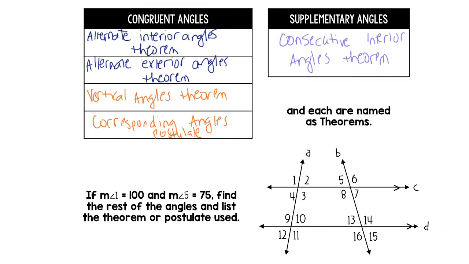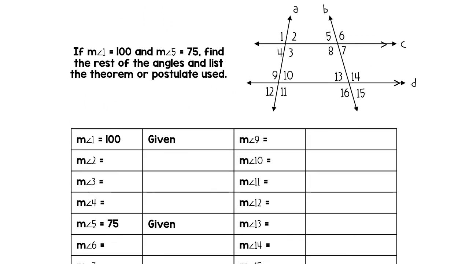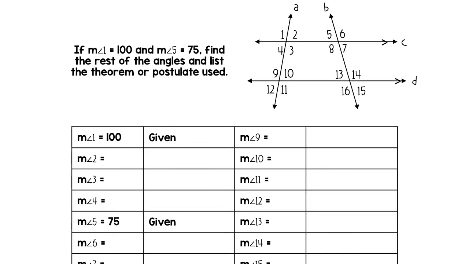All right, so let's look at an example here. If the measure of angle 1 is 100, I'm going to write it down in here because that helps me quite a bit. And the measure of angle 5 is 75. Find the rest of the angles and list the theorem or postulate used. So we know the measure of angle 1.